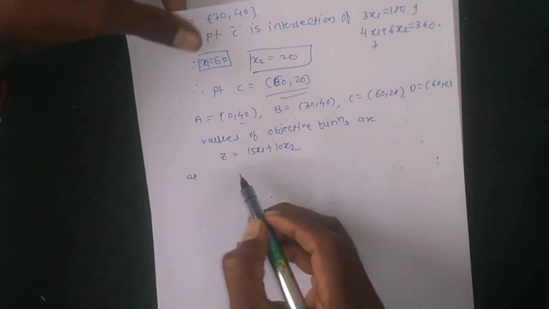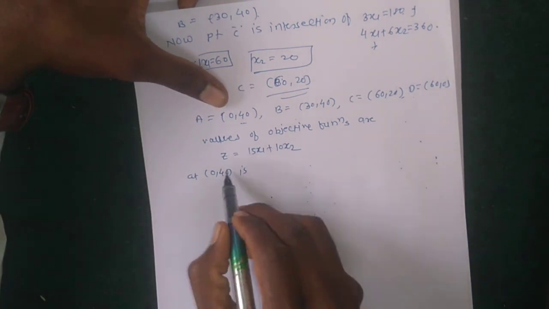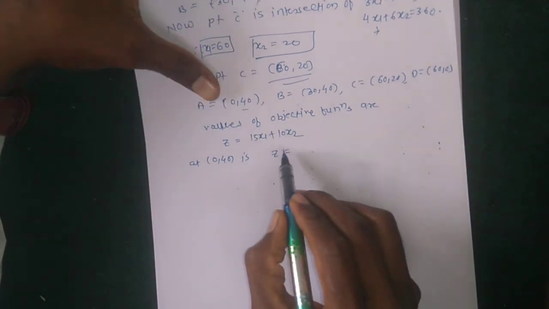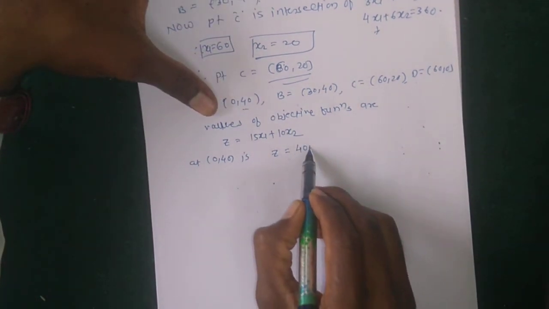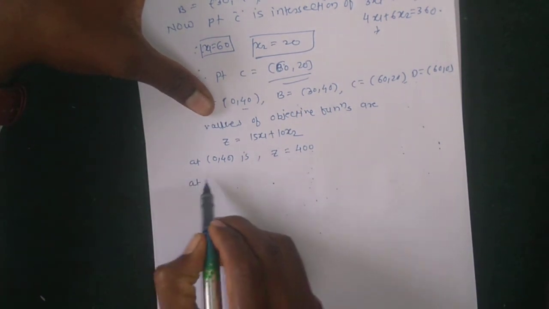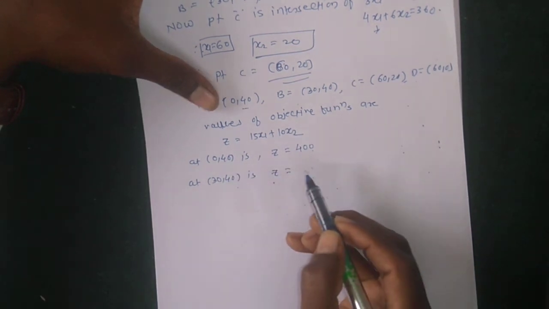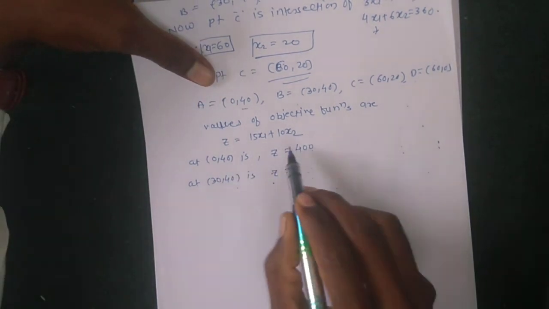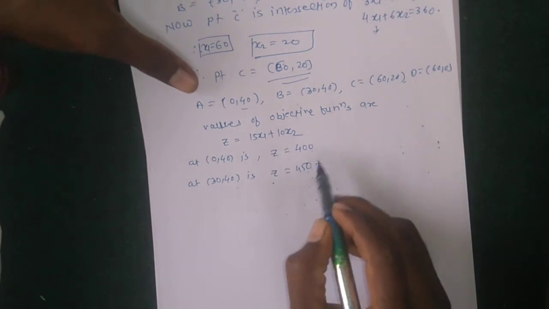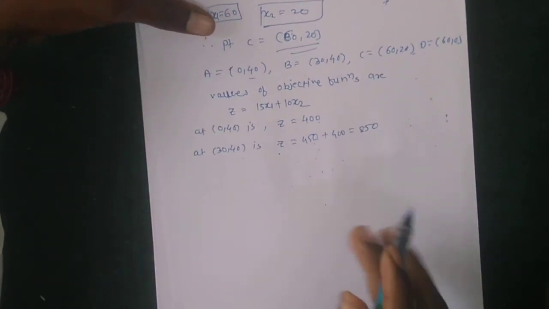At the first point (0, 40), putting x1 is equal to 0 and x2 is equal to 40, we get the value of Z as 400. Then at (30, 40), the value of Z is 450 plus 400, which is 850.